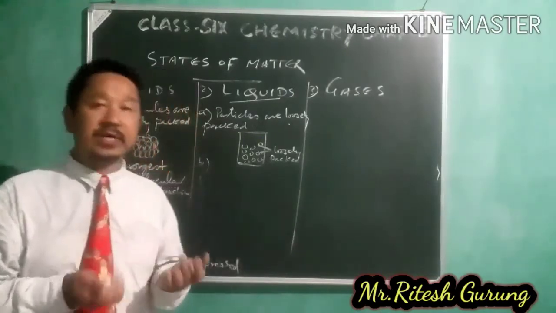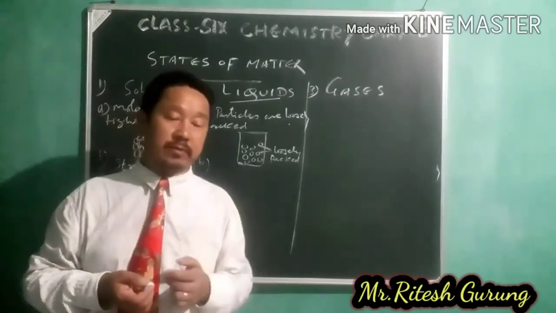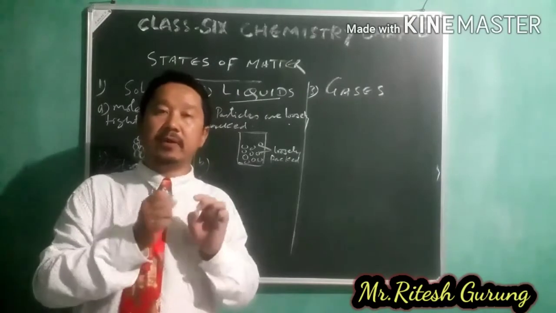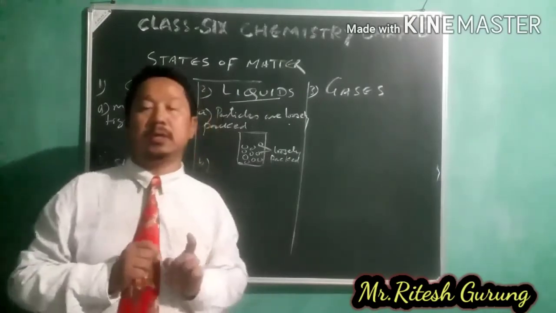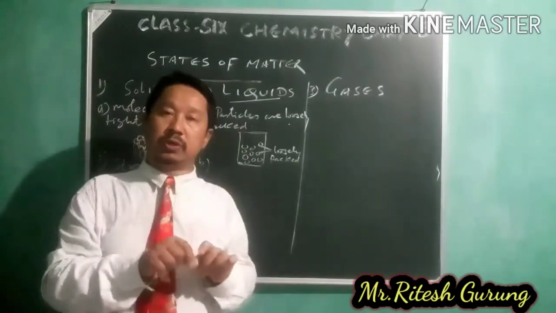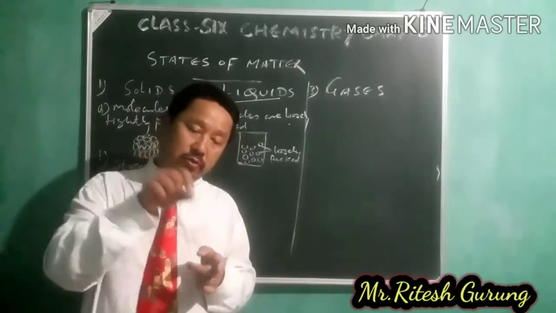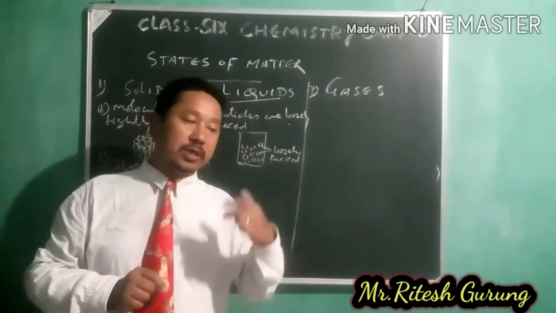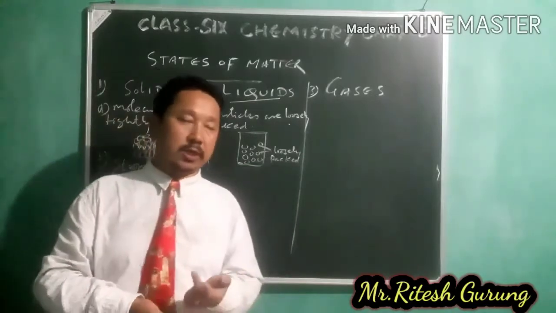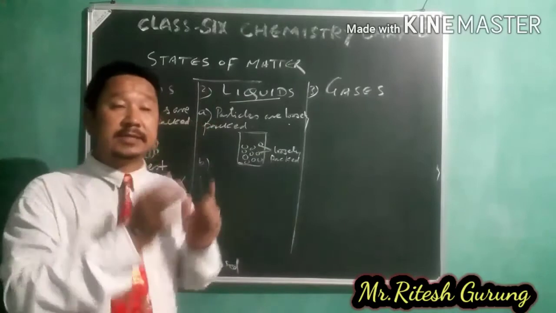They have a fixed volume. Let us say water. Let us fill a bottle having a volume of 1 liter with water. That means the volume of water in that bottle is 1 liter. In whichever container you pour it, the volume will be the same, but it will not have the same shape.